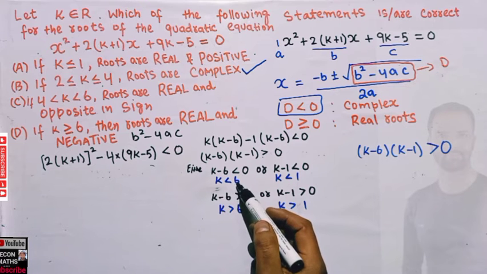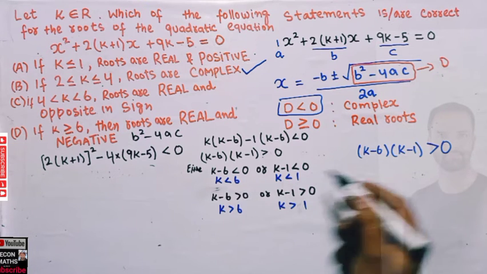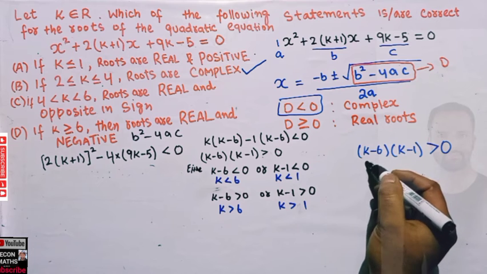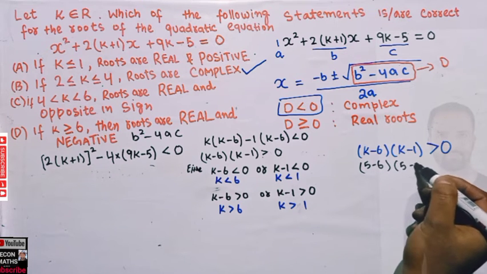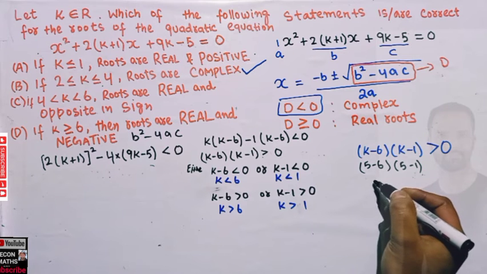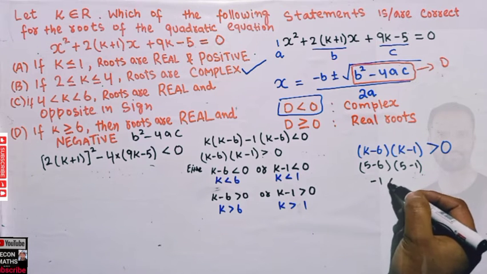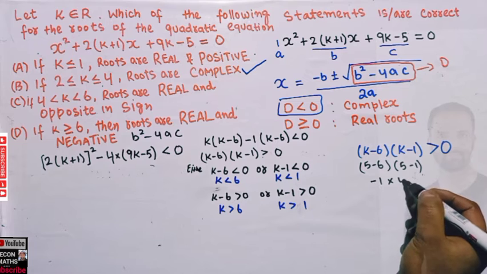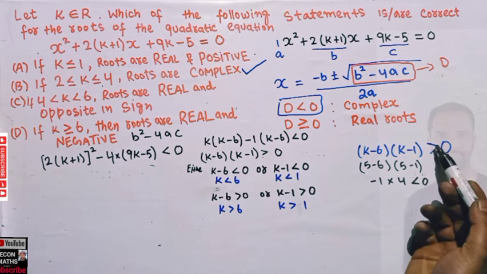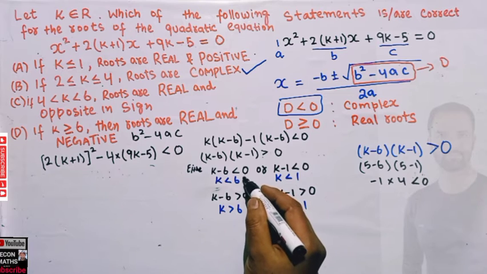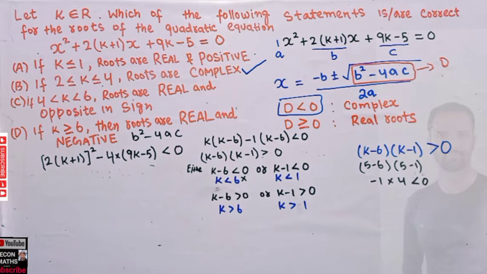What is a number less than 6? Let us say 5. If we give 5, we have 5 minus 6 times 5 minus 1. So 5 minus 6 is minus 1, and here we will get 4, which is less than 0. But we should get it greater than 0. Obviously this is not our k.